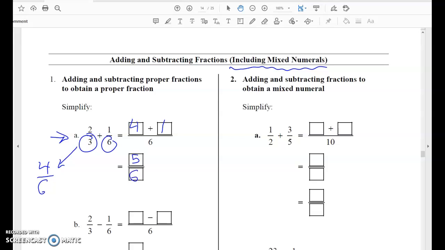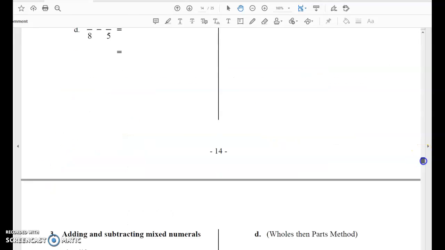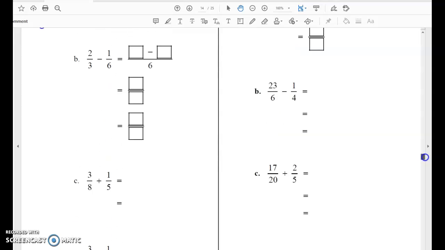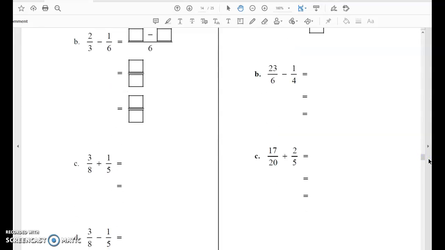Okay, so moving down to B, this time subtraction. 2/3 minus 1 over 6. Well, 2/3 we already discovered from last time's 4 over 6. So it's essentially going to be 4 over 6 minus 1 over 6, which is 4 minus 1, which is 3 out of 6.